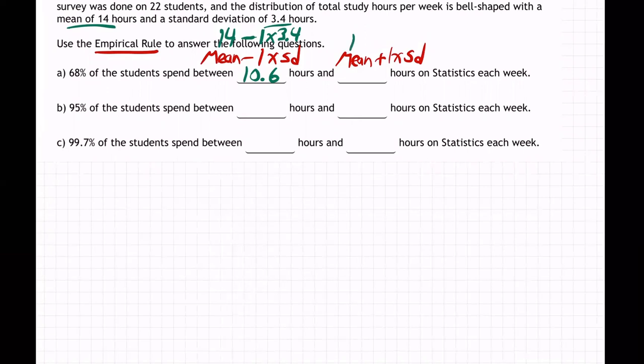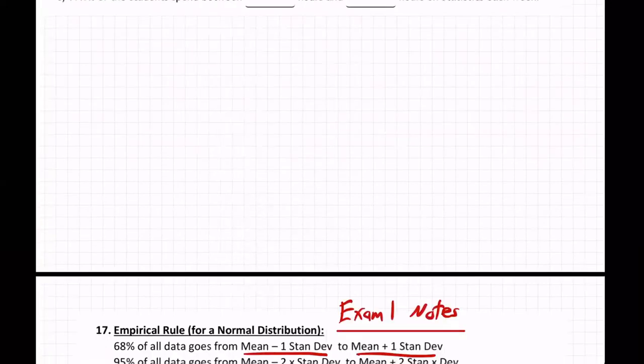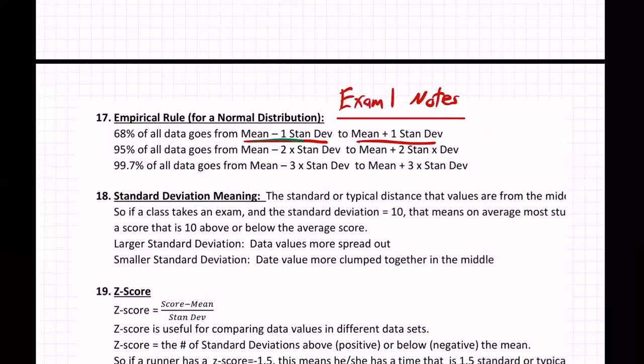Then this is the mean again, 14 plus 1 times the standard deviation, 3.4, and that'll come out to 17.4. Where am I getting that? Right here: mean minus 1 standard deviation, mean plus 1 standard deviation, 68% of all the data.